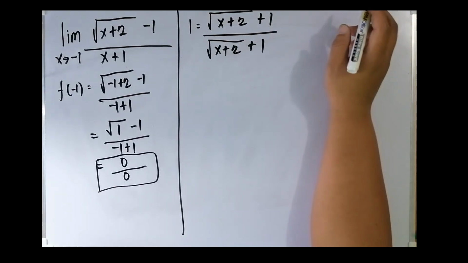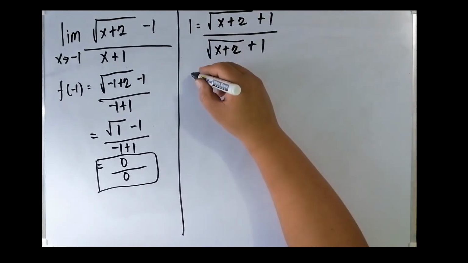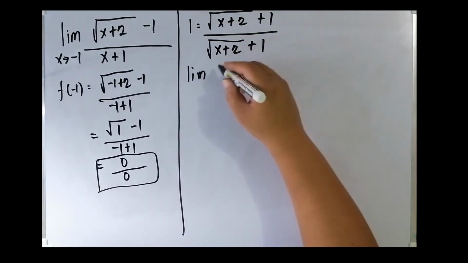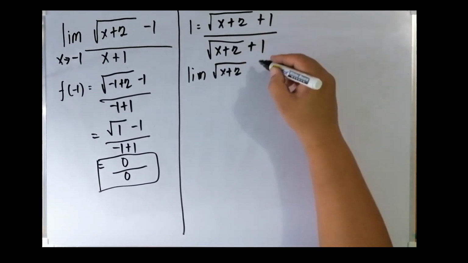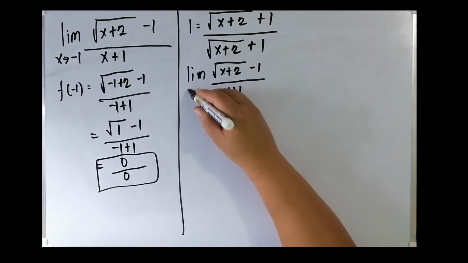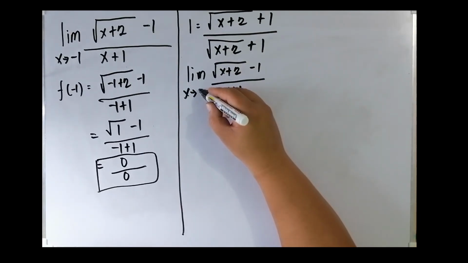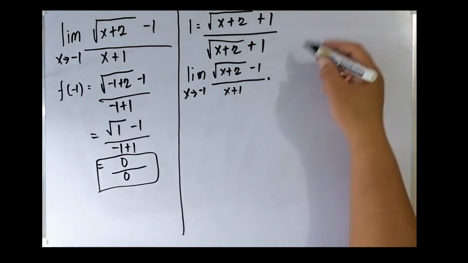So, pwede na tayong mag-start sa pag-evaluate ng limit. So we have the limit of square root of x plus 2 minus 1 all over x plus 1 as x approaches negative 1. Multiply natin yung 1, which is yung conjugate natin.